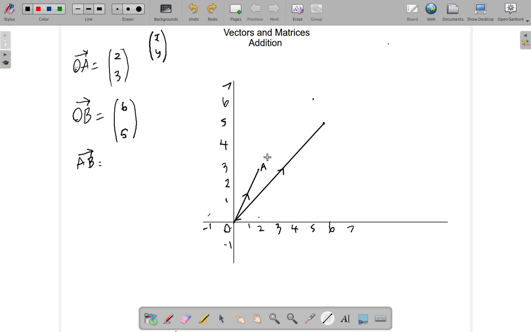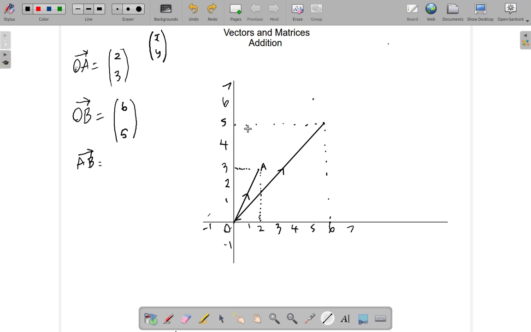So OA is (2, 3). I didn't put in my construction lines, but I can put them in now. I don't really want to crowd this too much with too many dots and lines. OB is above 6 and beside 5. Good.